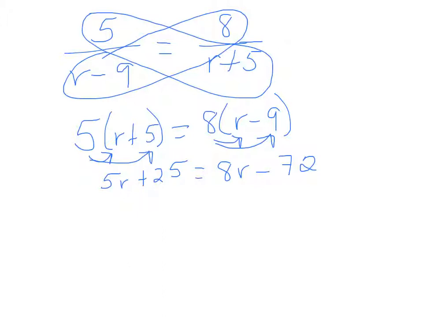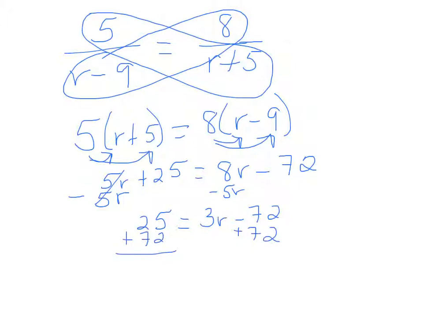So I'm going to bring all the r's to one side. I'm going to subtract this 5r, canceling it out from that side. I have to subtract 5r from the other side as well. 8r minus 5r, we now have 3r. So now we need to boot that 72 over to the other side, and we're going to undo the subtraction that's happening there by adding 72.